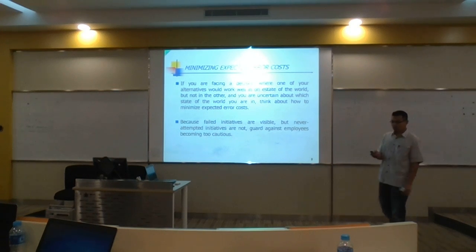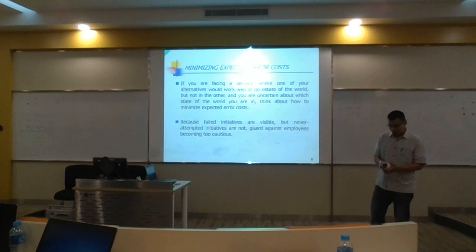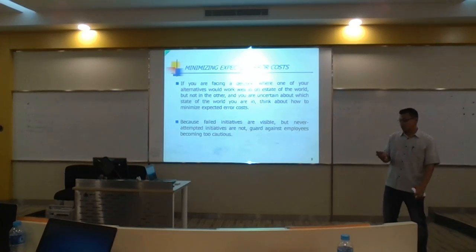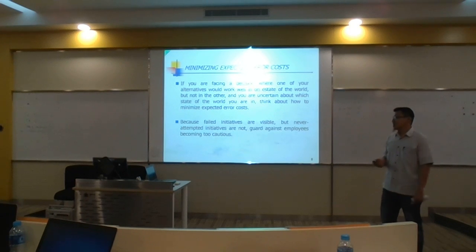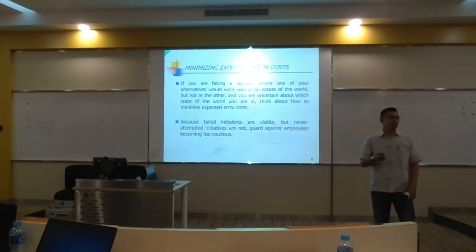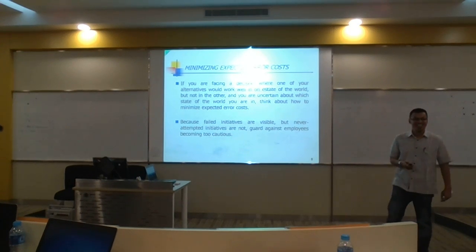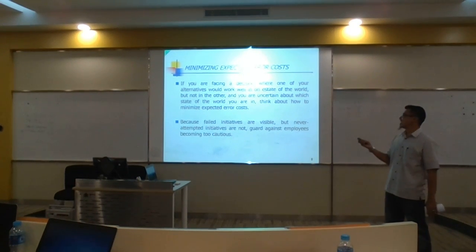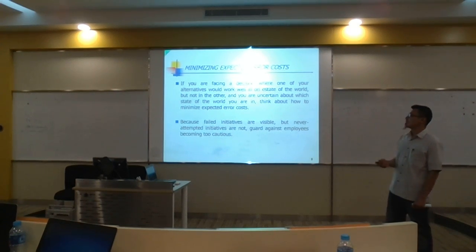Thank you, Pak Sondang. I will continue about making decisions with uncertainty. Actually, this is quite confusing for me, because we are talking about uncertainty. This slide introduces minimizing expected error cost.